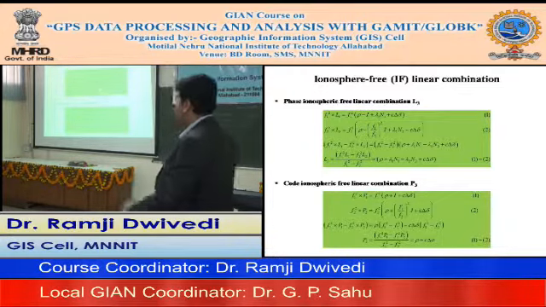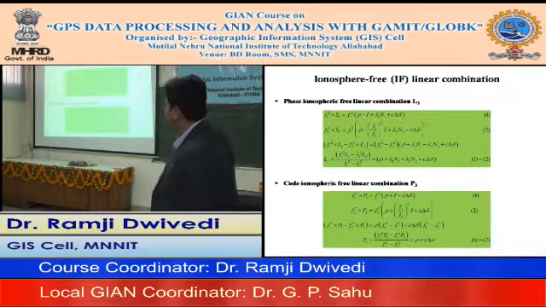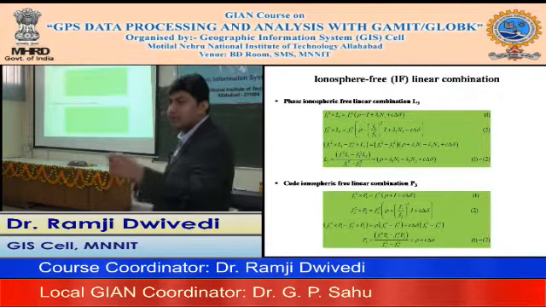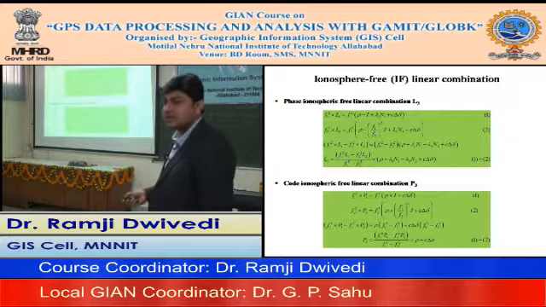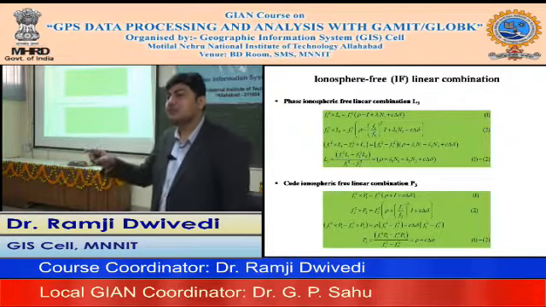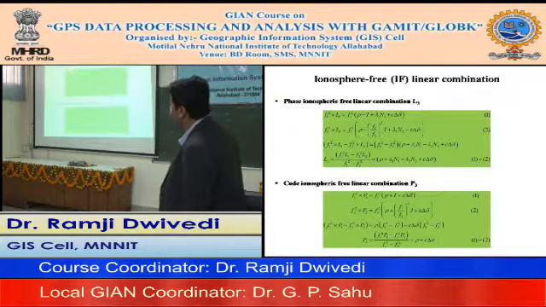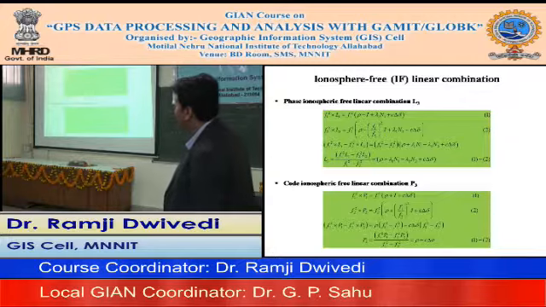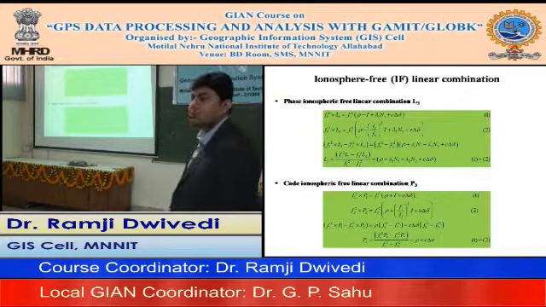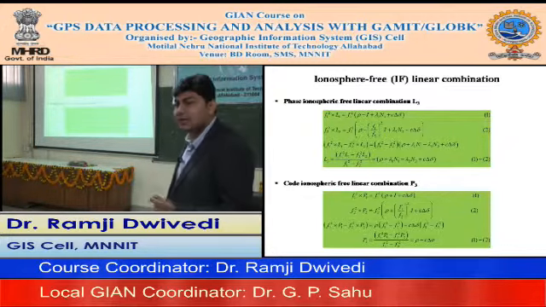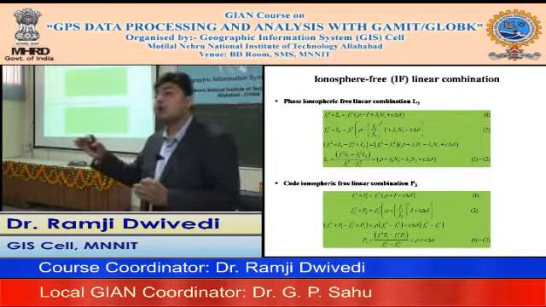Although it is very straightforward in terms of mathematics, I'll cover that when we discuss the error budget. The ionospheric error is related to the frequency of the carrier, because of which we could write these types of equations by multiplying the first with this one and the second with this one. This is only possible because the ionospheric error is dependent on the frequency of the carrier.